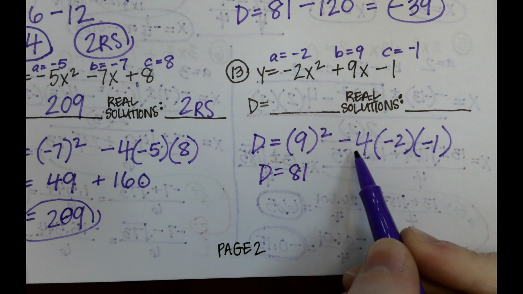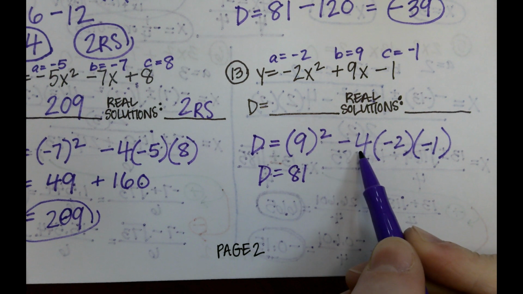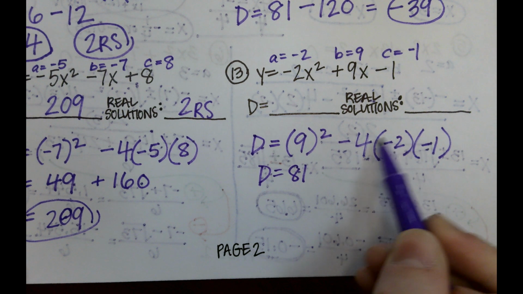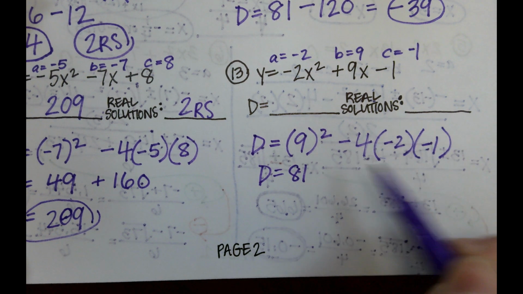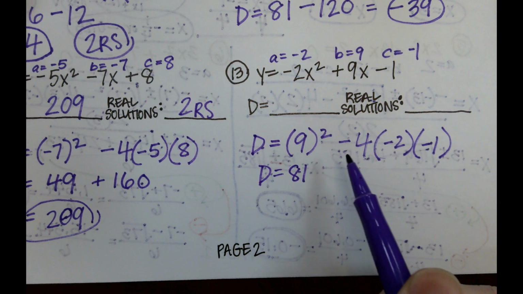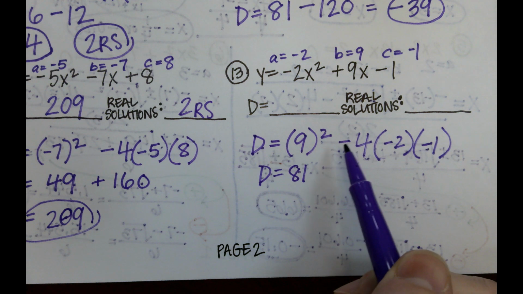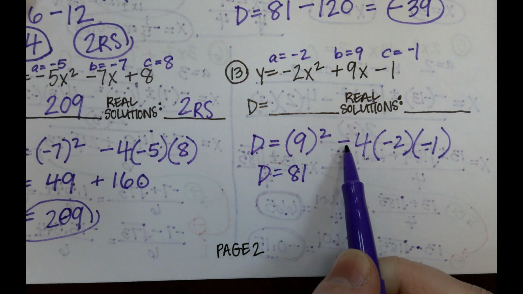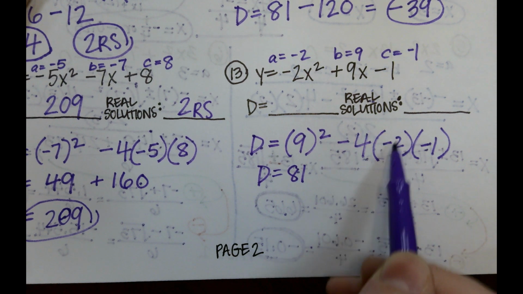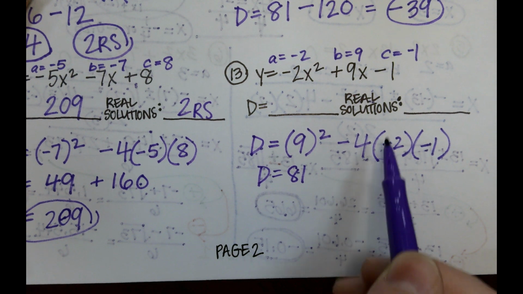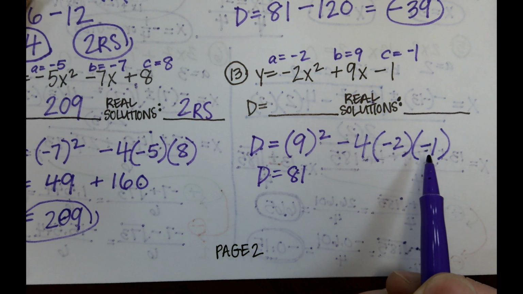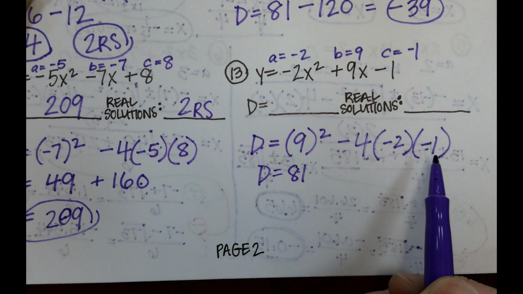Minus, yes, negative 4 times negative 2 times negative 1. That's going to give you a negative number. Yeah, so when we do negative 4 times negative 2, we get positive 8. Then we take it times negative 1, and it becomes negative 8.